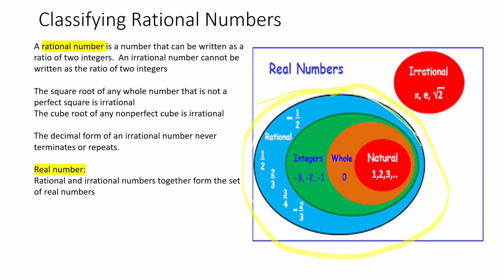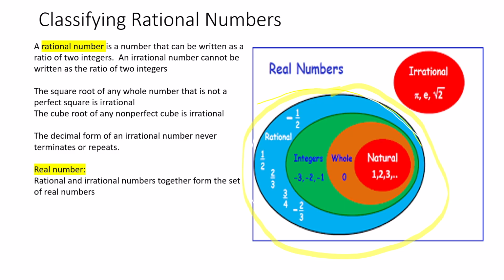Decimals, if they terminate or repeat, can be written as fractions. We can write whole numbers as fractions. We can write positive numbers and negative numbers. So any number that you can think of that can be turned into a fraction would be in that blue circle, rational. Now, some numbers are in the blue circle, but they're also in some of the other groupings.